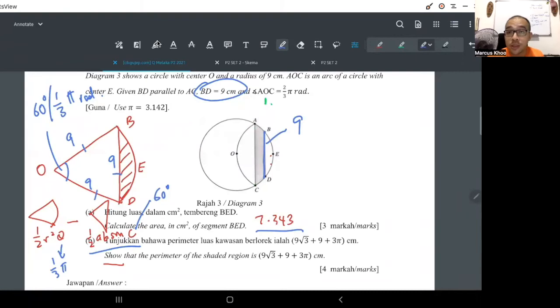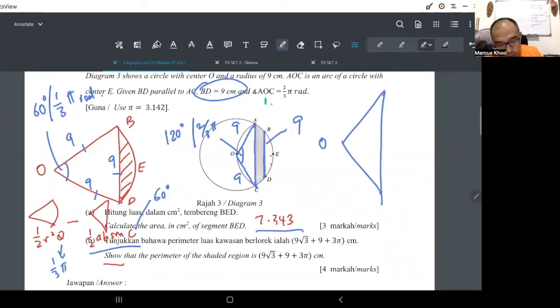But we can calculate this value because here and here is 9 and 9, and we know that this is 2 over 3 pi radian, otherwise known as 120 degrees. Let me draw the triangle again.